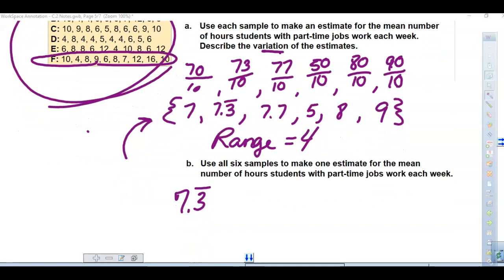Find the average of all of them. It's the same, one and the same. You would get 440 divided by 60, which is still 7.3 repeating. So we estimate that students with part-time jobs work on average 7.3 hours a week.